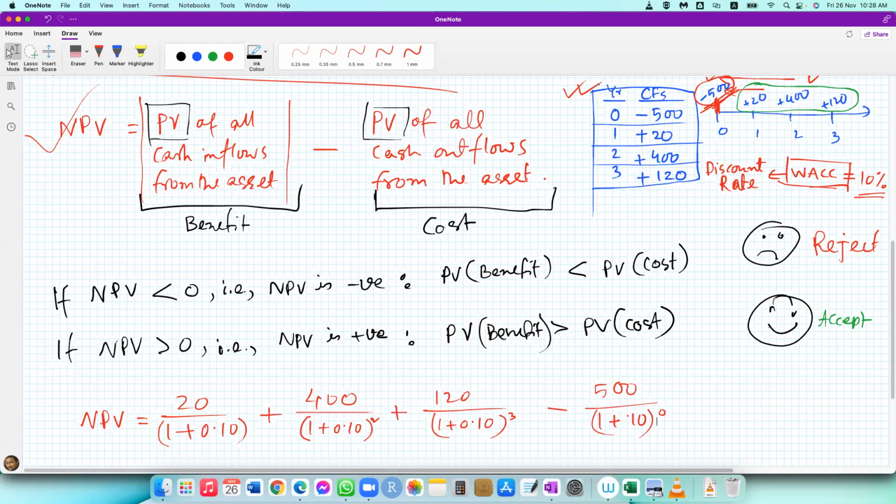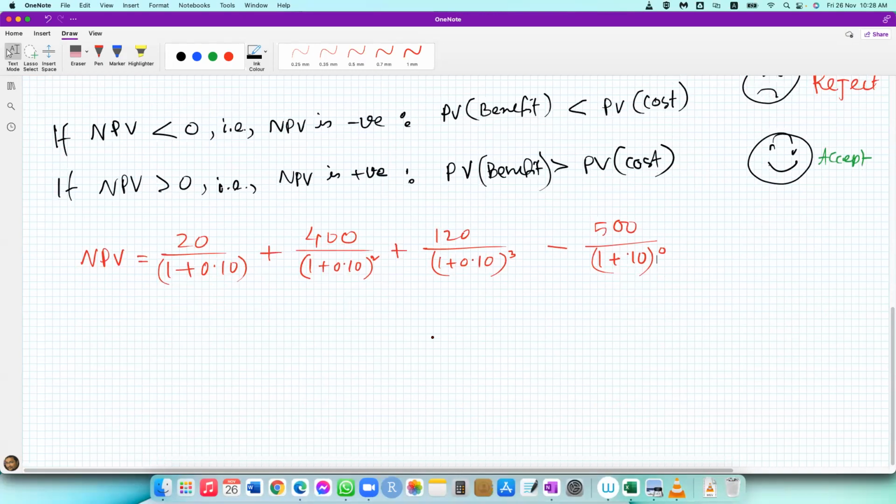So if you do this calculation, then how much will be the result? Please take your calculator and tell me the results. Each and every result separately. So here it will be 500 over 1, because anything to the power 0 is 1. Okay. So tell me what is the result of the first one? 20 over 1.1.